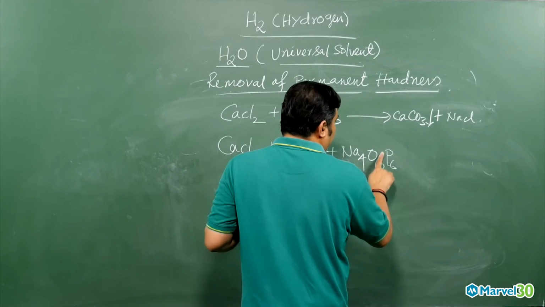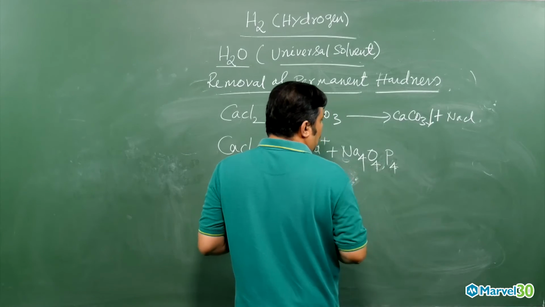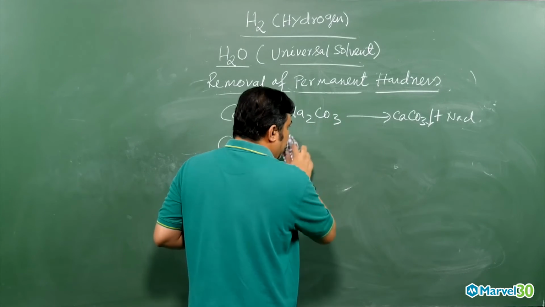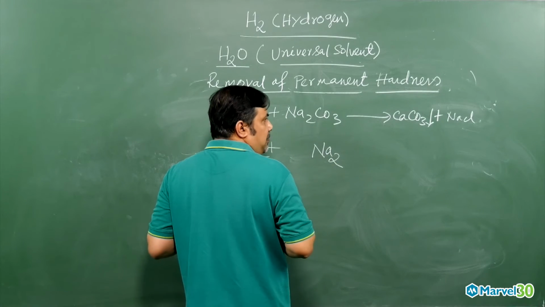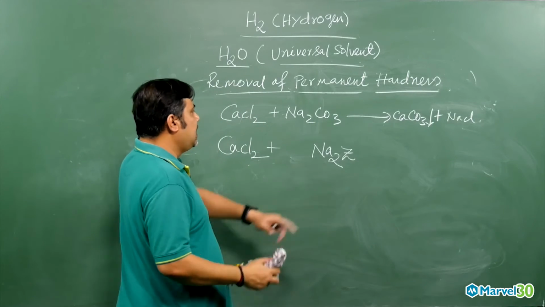That compound will be there. Permutit is actually represented like this, Na2Z, which is sodium hexametaphosphate.